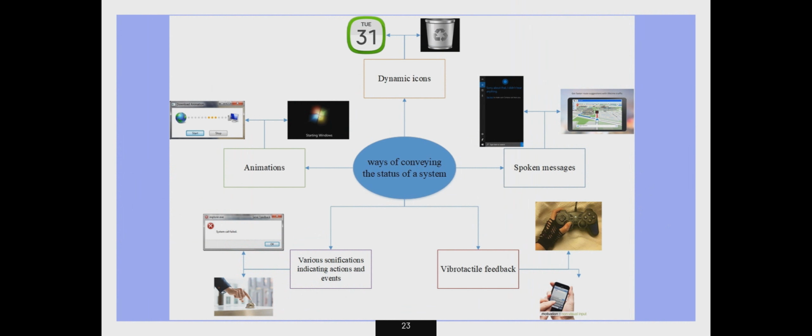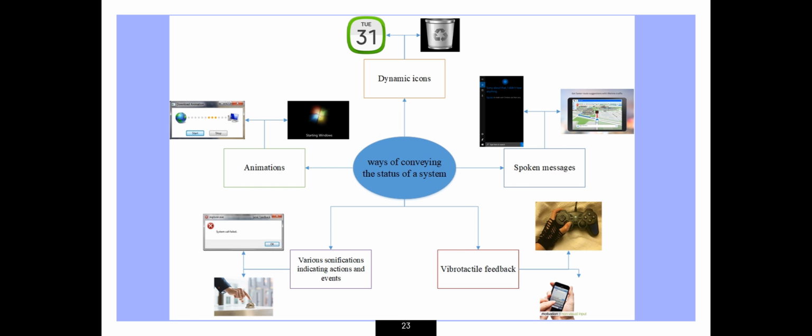This diagram shows several ways of conveying the status of a system. The first one is dynamic icons or user interface metaphors. By its look, it can let the user know or guess what the application or program is. The next one is spoken message, which speaks directly to the user.